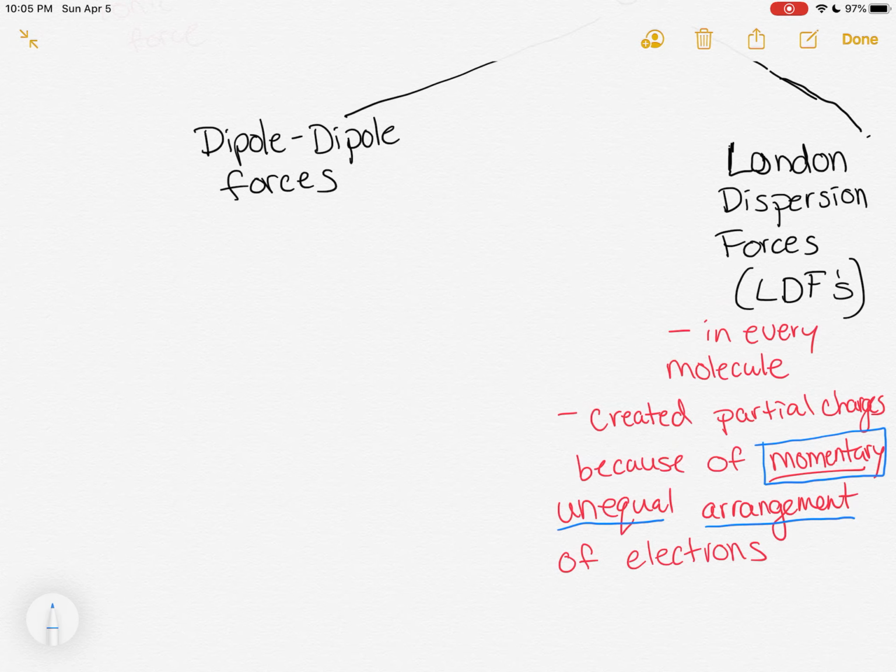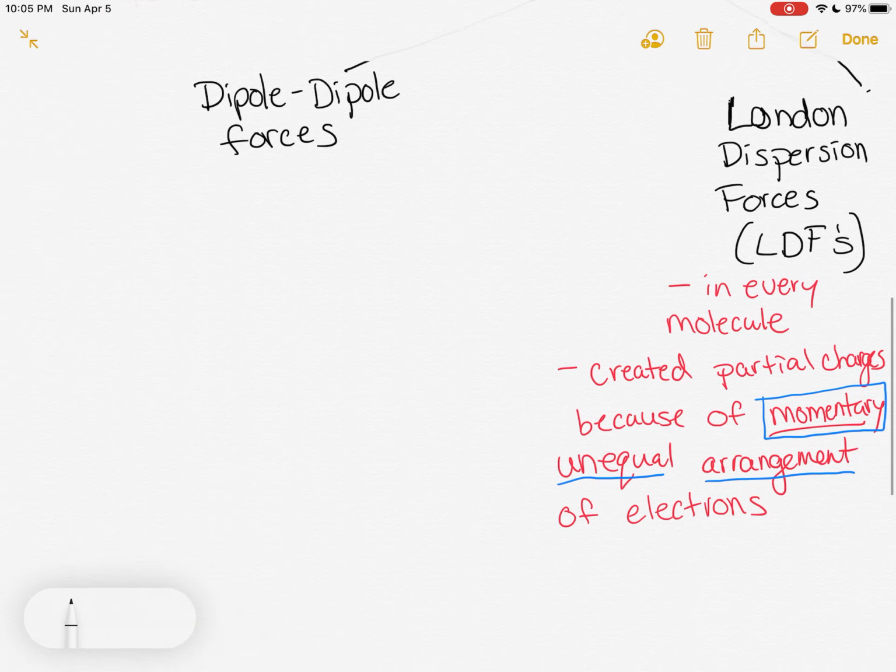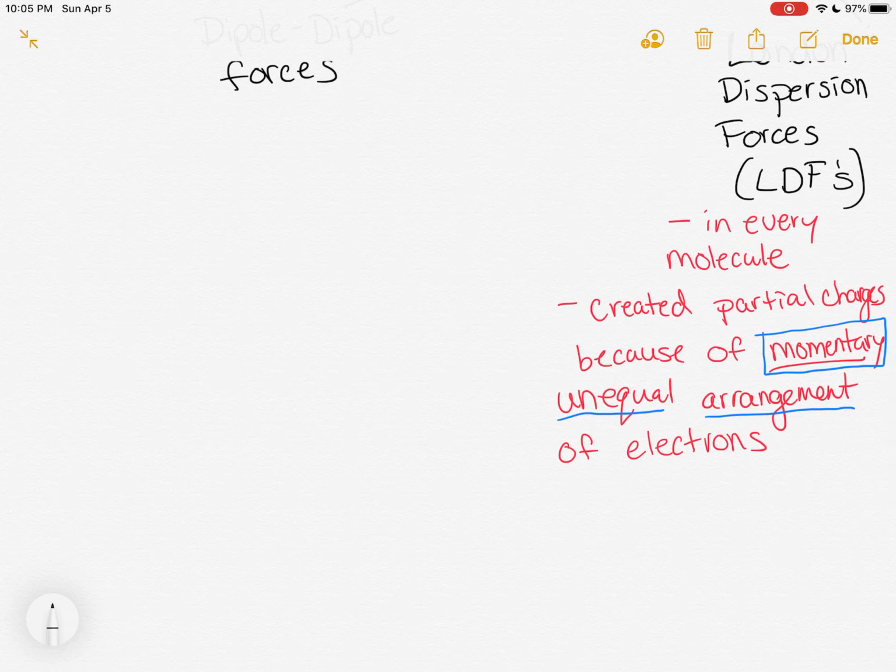And so what happens is when we have molecules, we're going to use neon atoms as our example here. So we have some neon atoms. We know that neon has 8 valence electrons. And we also know that neon doesn't have a polar covalent bond, so it doesn't have a partial charge.